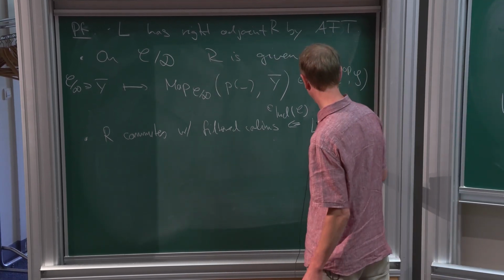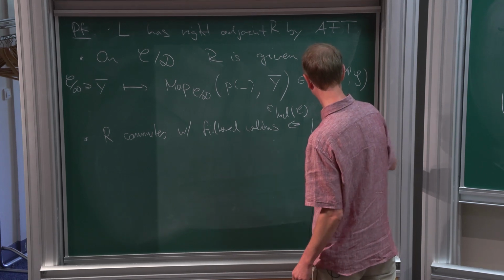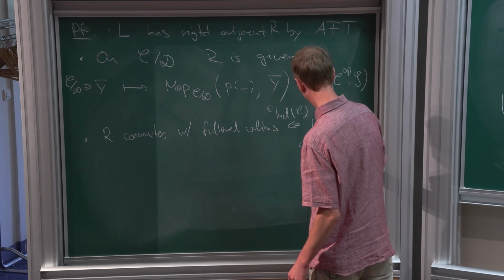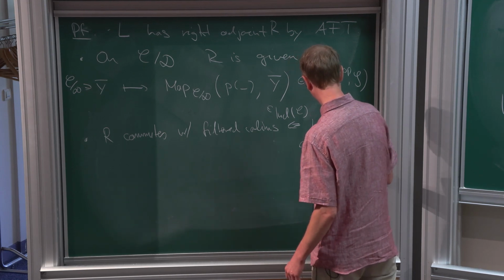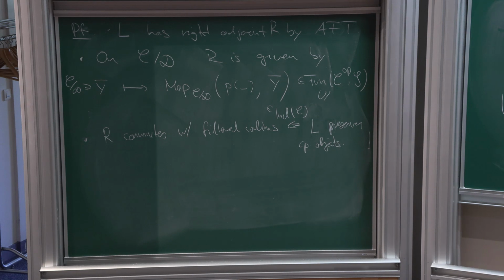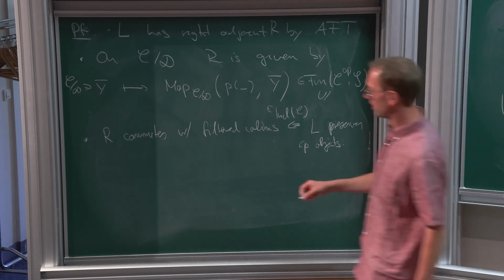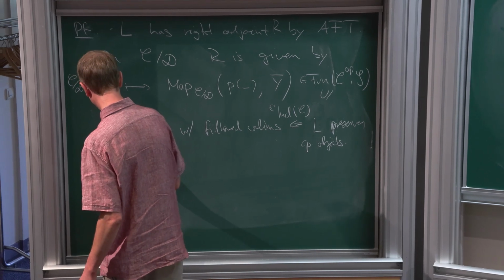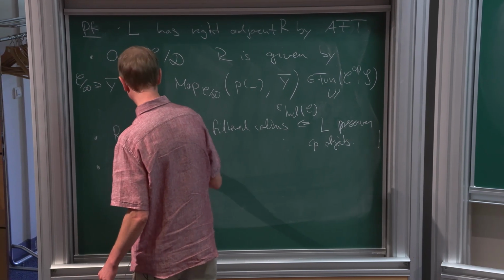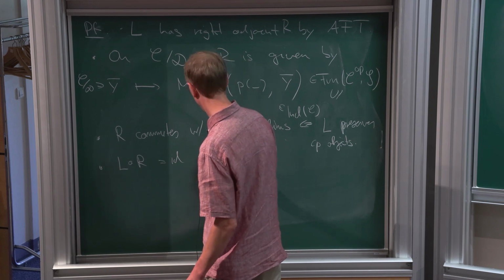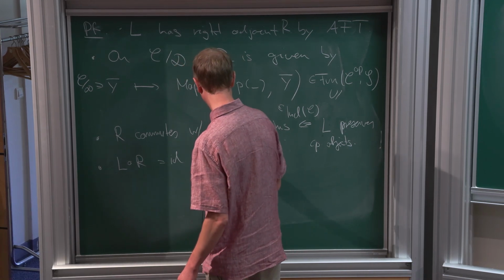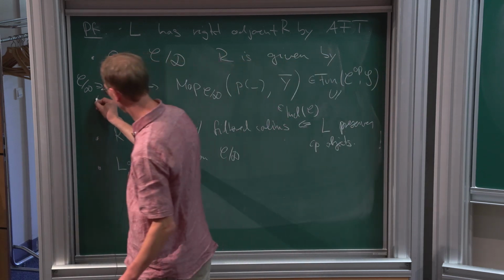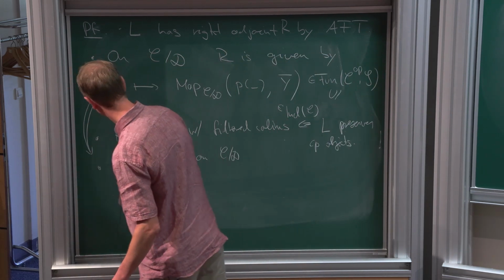So this is as L preserves compact objects. And then from the above we see that L composed with R is the identity on C mod D. First of all, this follows from this formula here, maybe by direct computation.